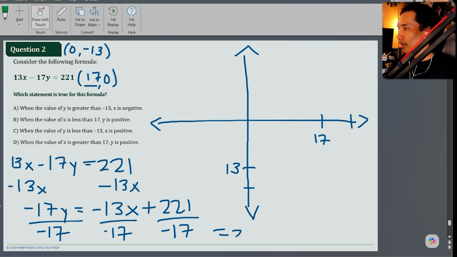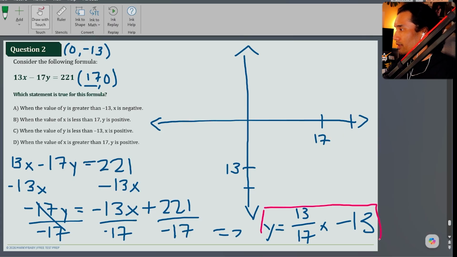Further giving me, and we could cross this out, y is equal to positive 13 over 17x plus, and this is going to be negative actually, because 221 divided by negative 17 is negative 13. So this further confirms my y-intercept of negative 13, because b equals negative 13.